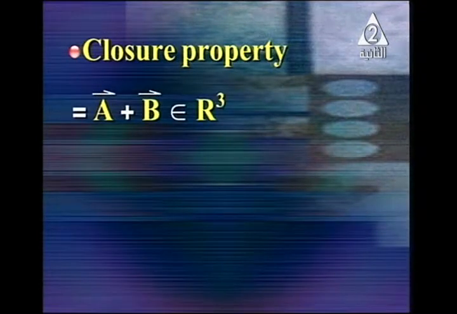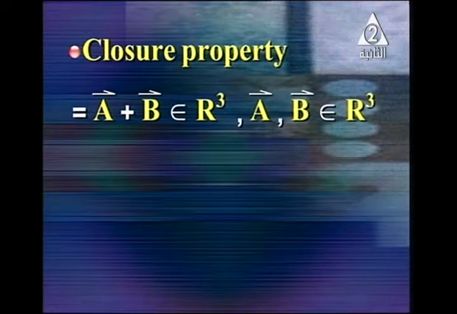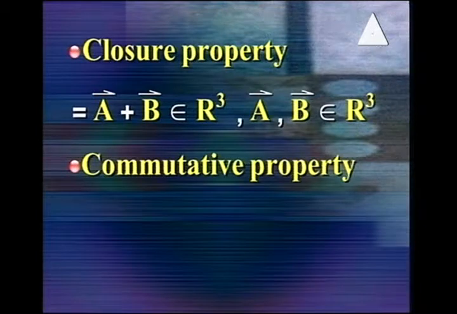Number 1, closure property. What do you mean by the closure property? If vectors A and B belong to R3, or 3 dimensions, then A plus B belongs to R3. This is closure.